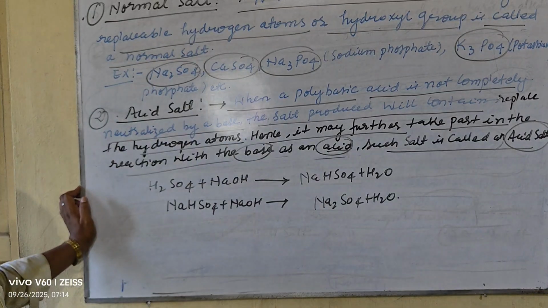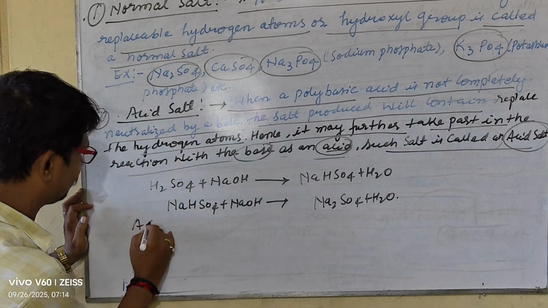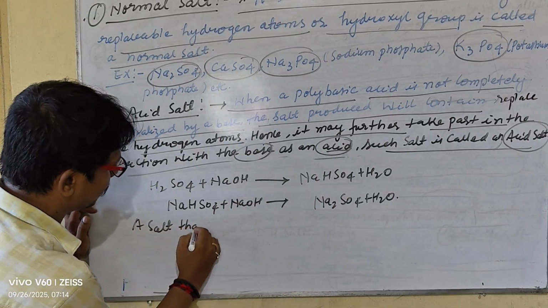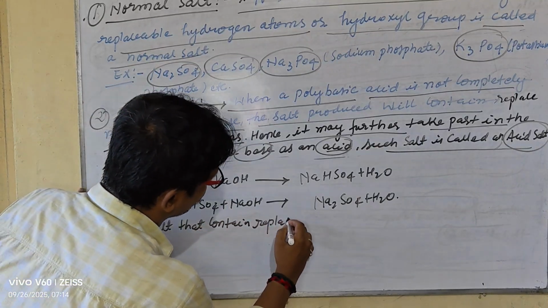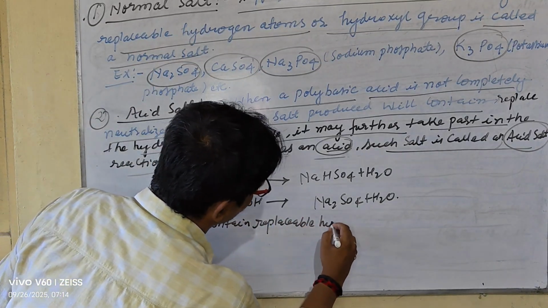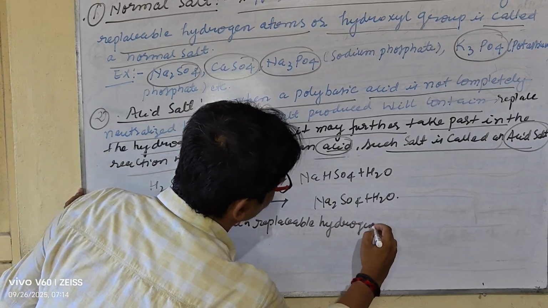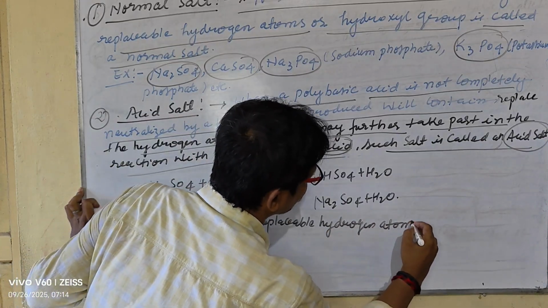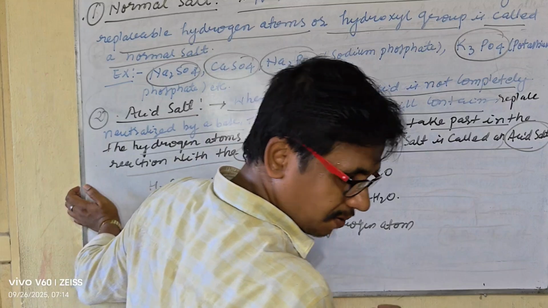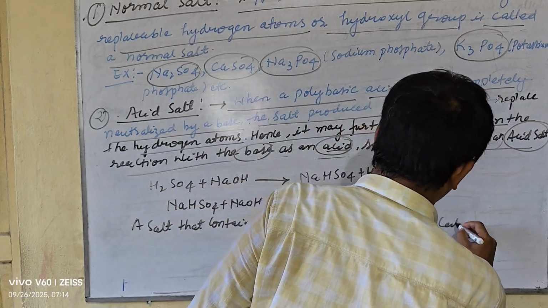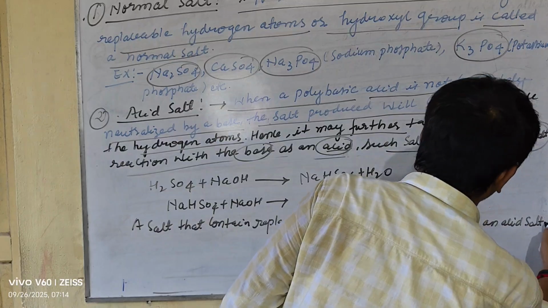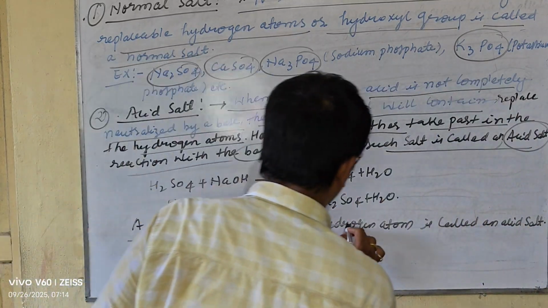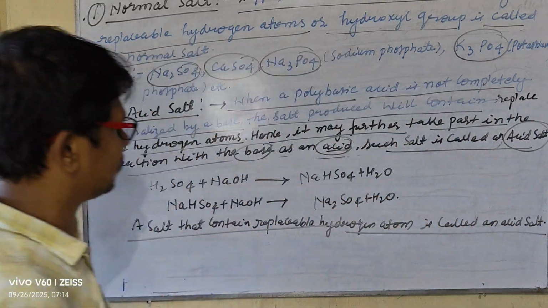A salt that contains replaceable hydrogen atoms is called an acid salt. So it is quite clear, a salt that contains replaceable hydrogen atoms is called an acid salt.